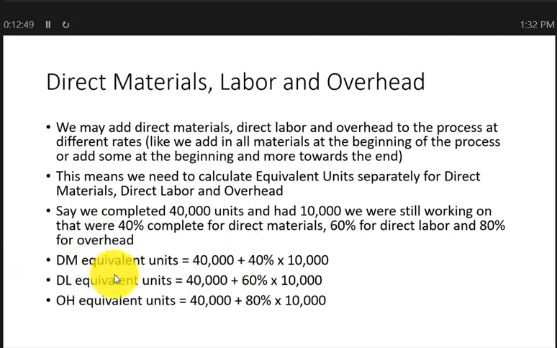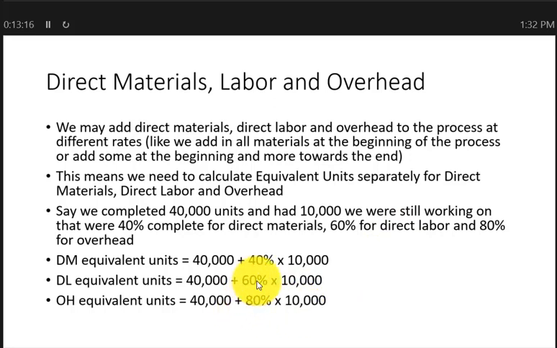And so our equivalent units for direct materials is the 40,000. Notice the 40,000 for all three, because all three are 100% complete for those that have been transferred. But we take our 10,000 and multiply by 40% for direct materials because they're 40% complete. 10,000 times 60% because they're 60% complete for direct labor, and 10,000 times 80% for overhead.